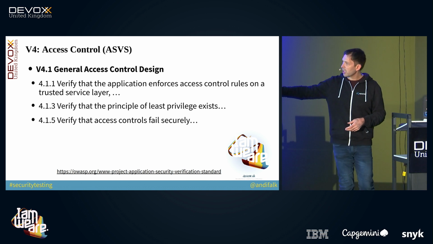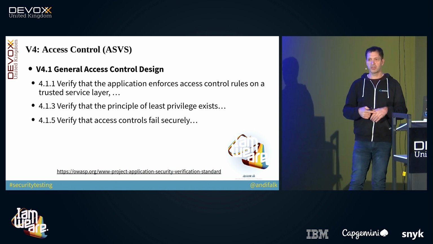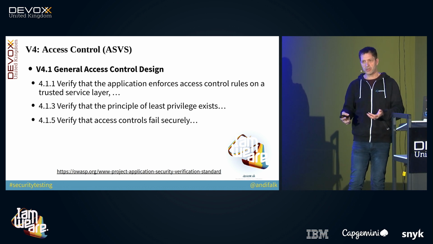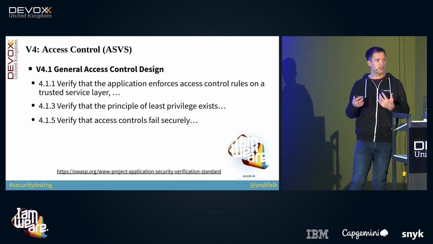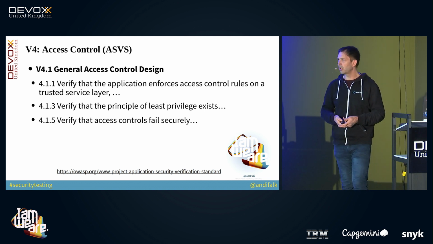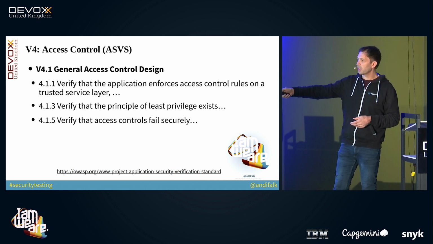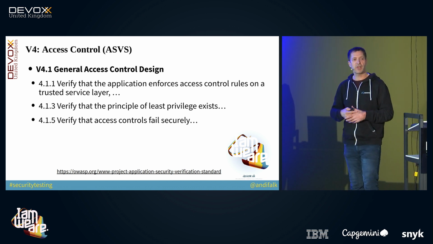And also always check that you follow the least privilege pattern, so no user should get more privileges than the user typically needs for the typical use cases the user wants to achieve. And also this is sometimes a big problem, verify that access control fails securely.